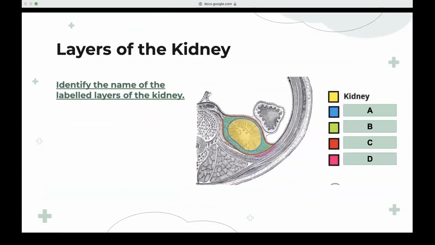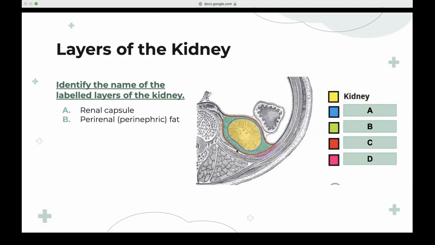Now the layers of the kidney, very important. The yellow is kidney, that's obvious, but what's the blue? What is it called? The fibrous layer. Yeah, or capsule or renal capsule. Green, what's the green? Perirenal fat. Yes, or perinephric fat.